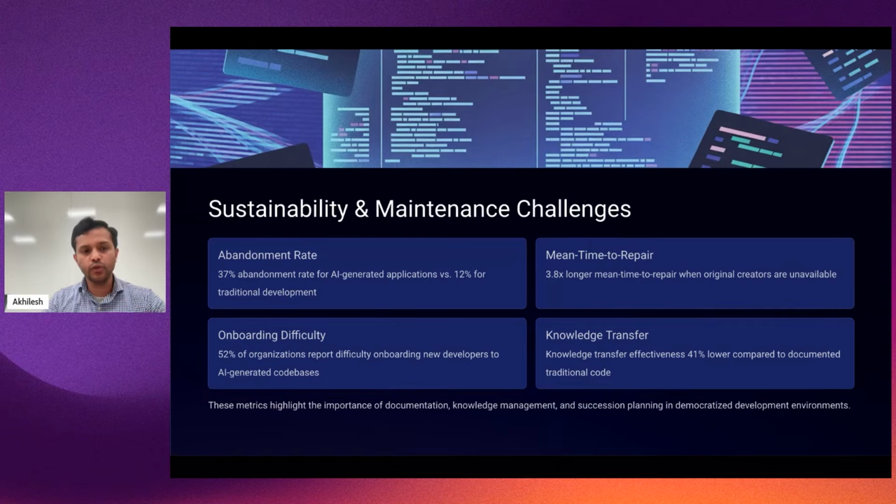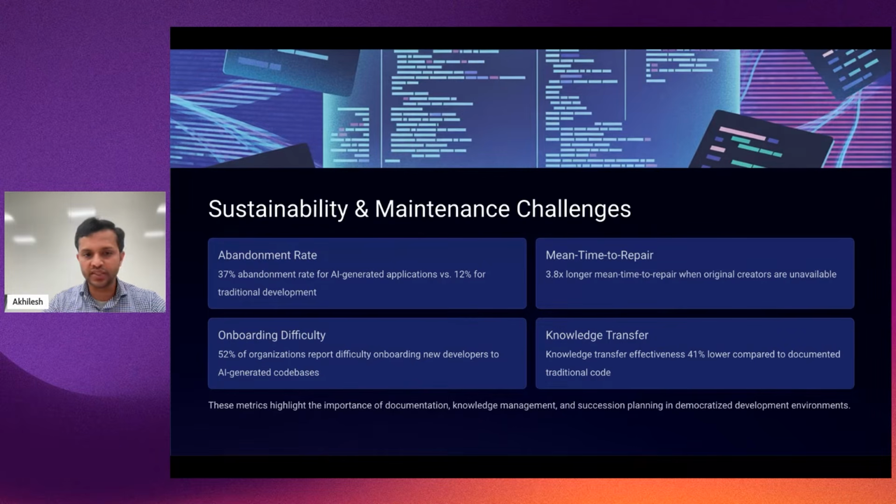And getting to the other challenges, which is around sustainability and maintenance. So there is an uncomfortable truth here, right? Once an AI generated app is built, about 37% of these apps are abandoned, right? Somebody just develops them, says, hey, this is nice, and then just forgets about it. There's nothing happening around that.